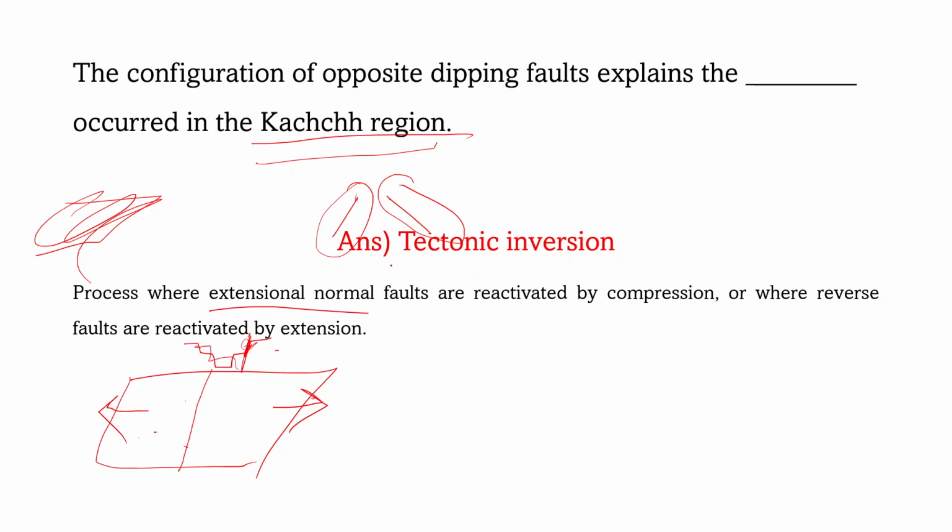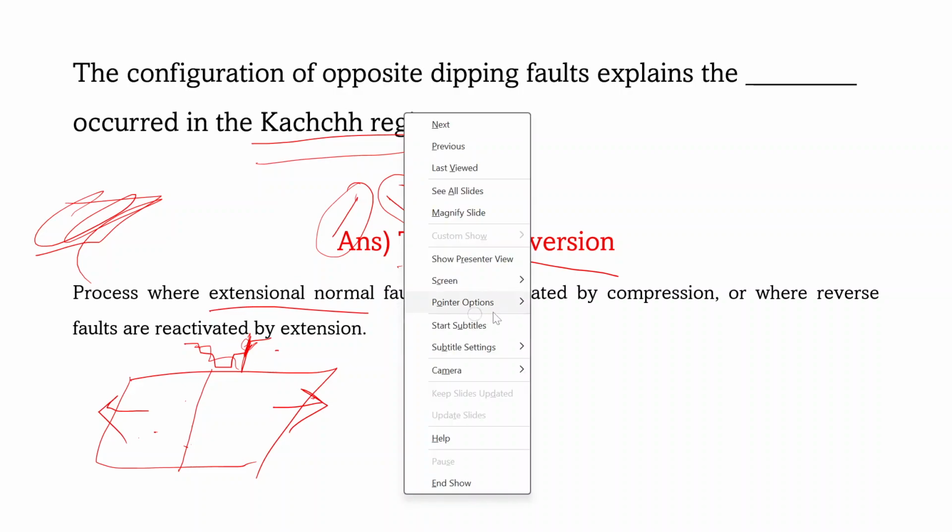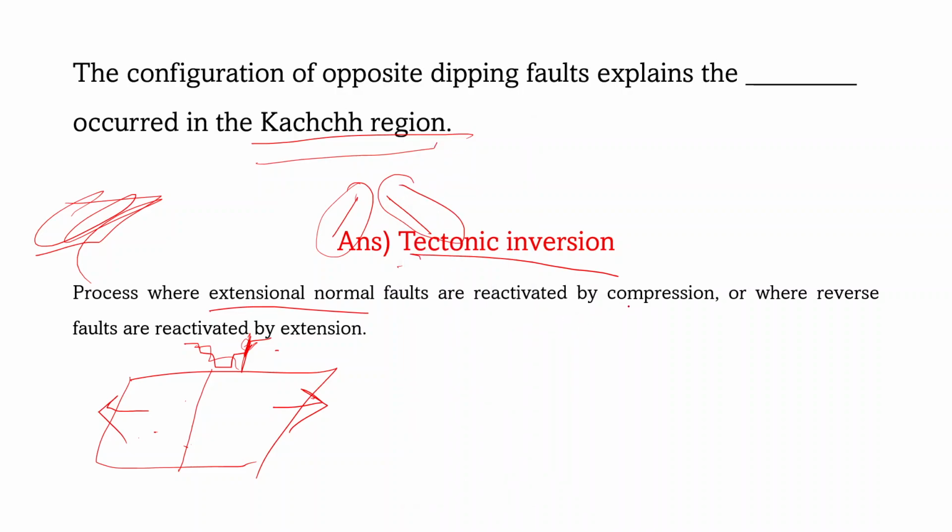So tectonic inversion means what? Something is getting inverted, right? Tectonic inversion is the process where such extensional normal faults are reactivated by compression. The normal faults are formed by extension, but in regions where you see tectonic inversion, the normal fault is there but no movement is happening, and later on, due to some compressional activity happening around it, these get reactivated.